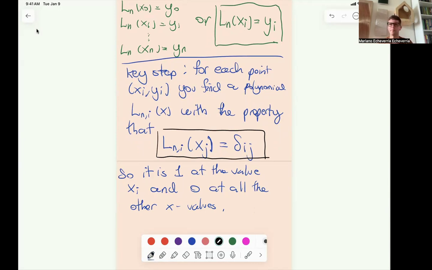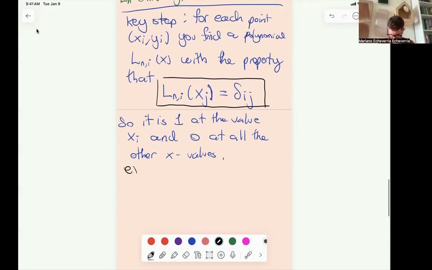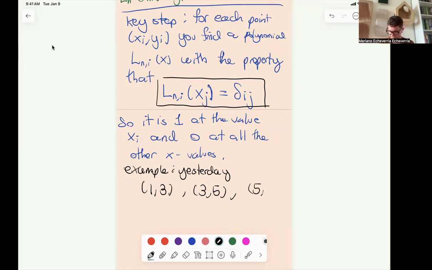So, for example, maybe it's useful to have a concrete example before I continue. Yesterday the data points were 1, 3, then 3, 5, then 5, 6.